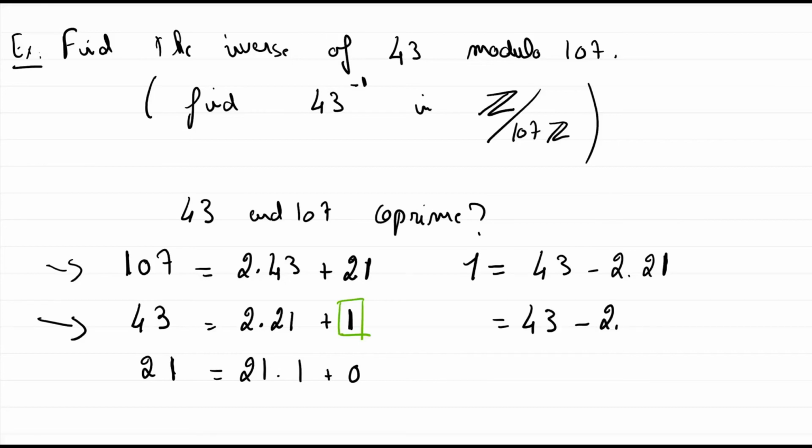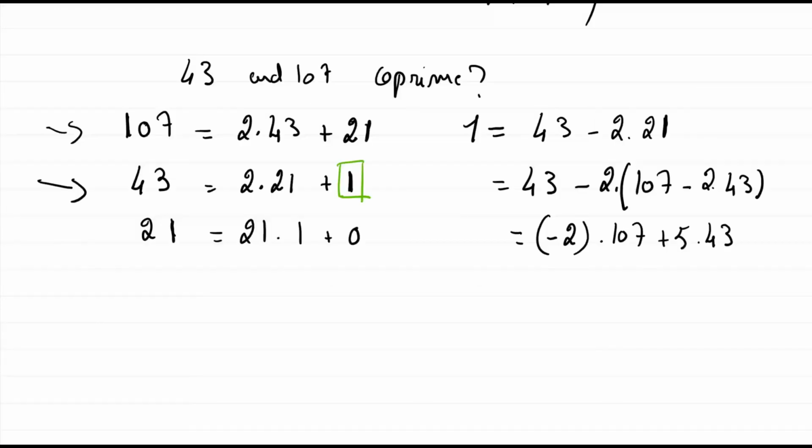So for the 21, I write 107 minus 2 times 43, which gives negative 2 times 107 plus 5 times 43. Now in the integers Z, I have this identity: 1 equals negative 2 times 107 plus 5 times 43.